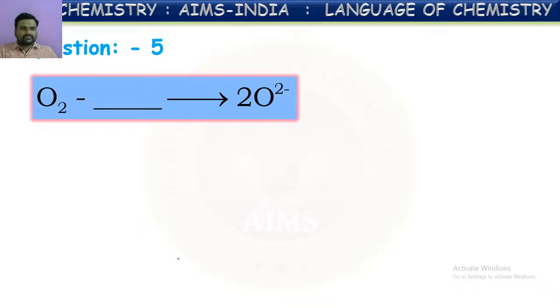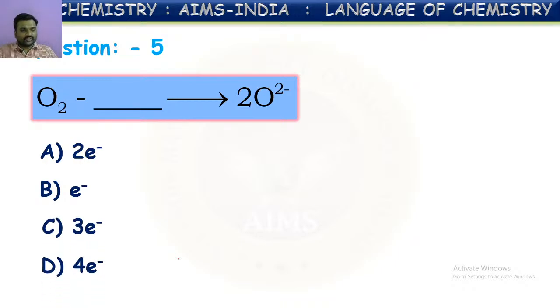Next, one more question here. Oxygen molecule minus blank gives 2 O 2 minus ions. Can you fill the blank here also? Try to fill it. Options are given like this: 2 electrons, 1 electron, 3 electrons, and 4 electrons. Can you guess the answer for this? There is a chance to be confused in this.